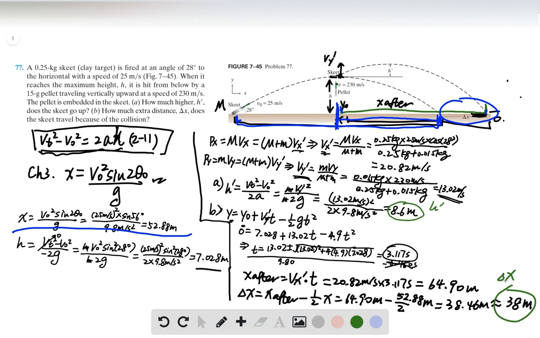And then we use kinematic equations to find the extra height that will be reached, which is the easy part. But then we also use the quadratic equation to find the horizontal distance that will be reached. And from that horizontal distance traveled, we find the extra distance delta x. So the final answer we get is that the skeet gets 8.6 meters higher and it travels 38 meters further because of this collision.